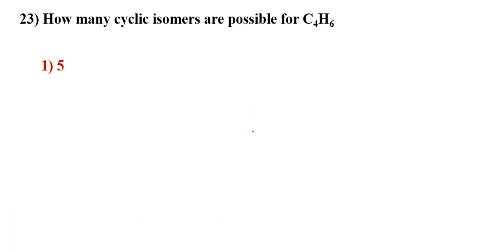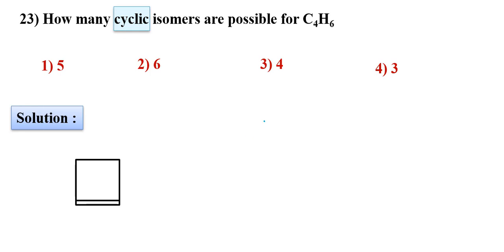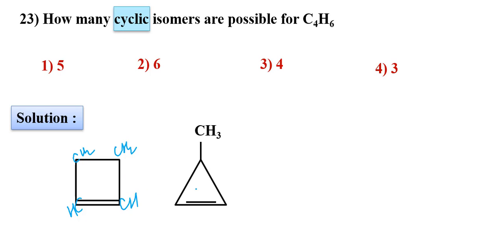How many cyclic isomers are possible for C4H6? You can write 4 carbons like this. See here, 2 hydrogens, 2 hydrogens, 1 hydrogen, 1 hydrogen. Total 4 carbons, 6 hydrogens are there. Next, we can write like this also. You can count here: 3 plus 1, 4 hydrogens, 2 hydrogens.